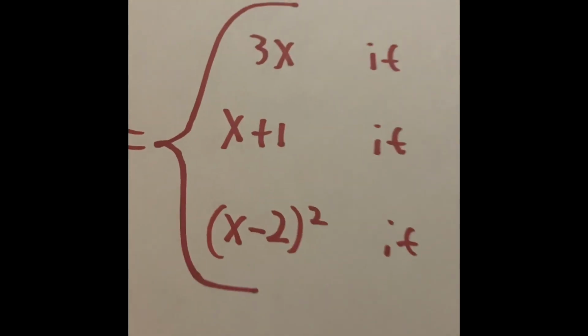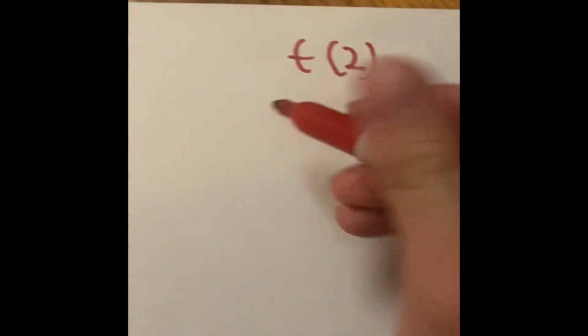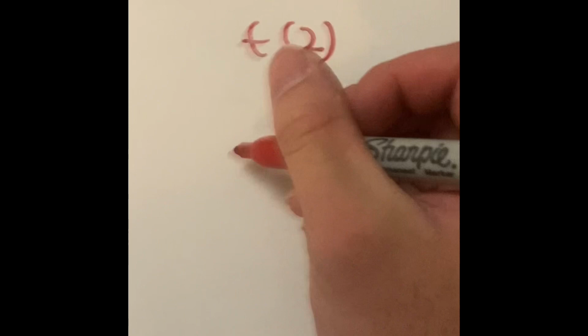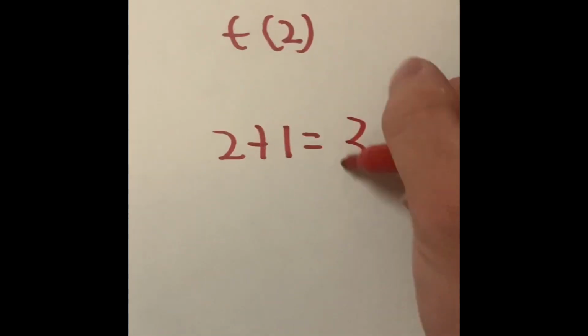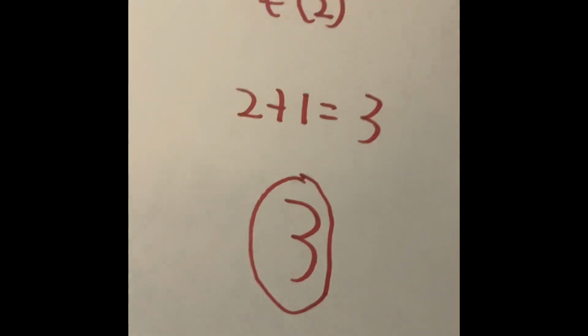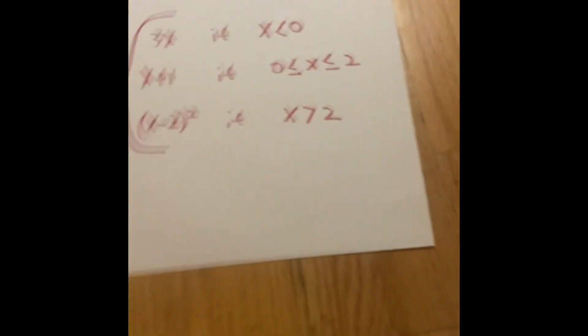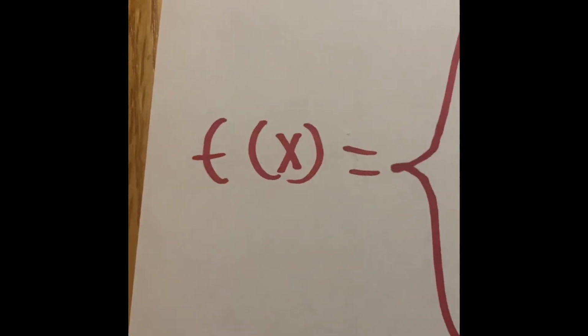Meaning we have to use the middle one. So for the middle one, we have to do x plus 1. That is 2 plus 1 equals 3. And 3 is our final answer for putting it into the piece that makes sense for this function.